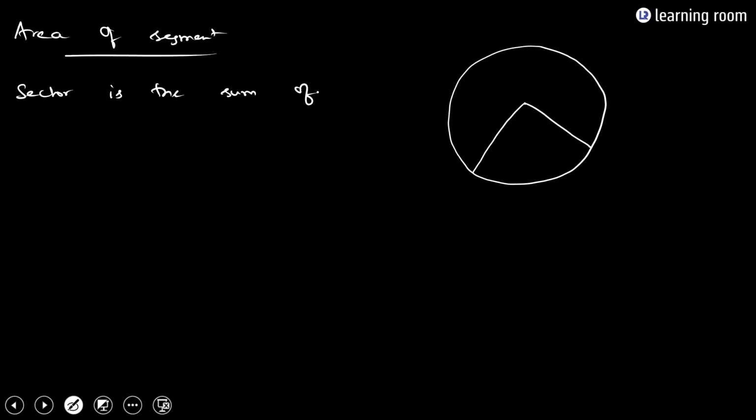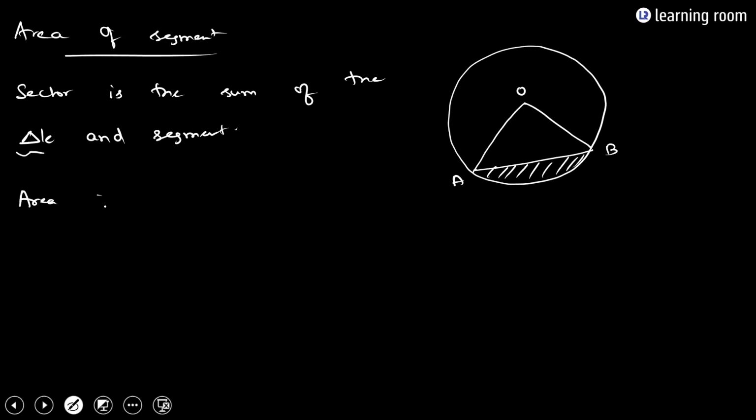Sector is the sum of the corresponding triangle and the segment. I'm not talking about a major sector or minor sector. I'm just saying a sector is the sum of the triangle that is formed by the radii and the chord. So if I take this to be OAB, now our job is to find the area of the segment.